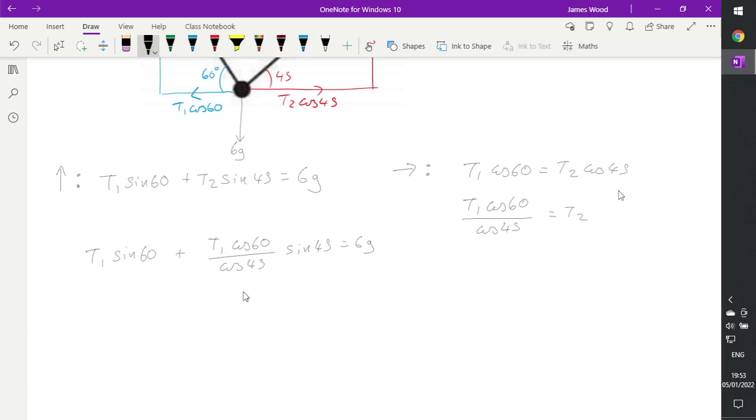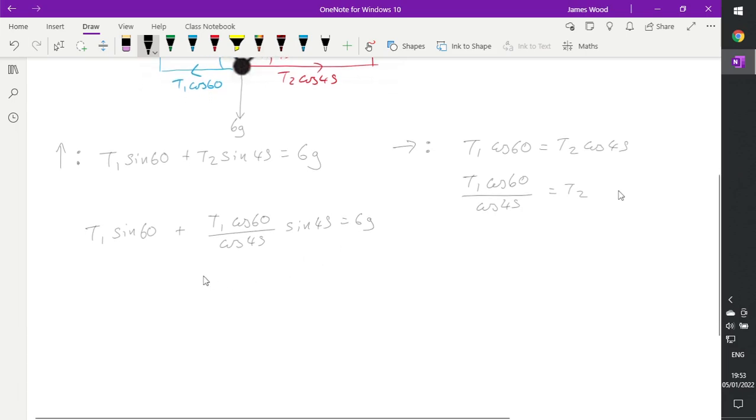And now I should be able to solve this equation to find T1. And when you do that, you should get about 43 newtons for T1. And then we can work out T2 using this expression here. We get about 30.4.